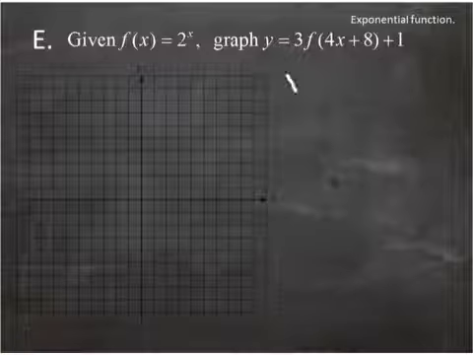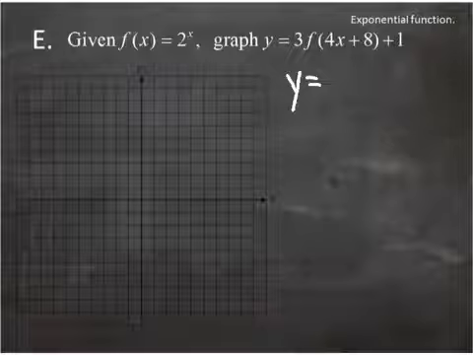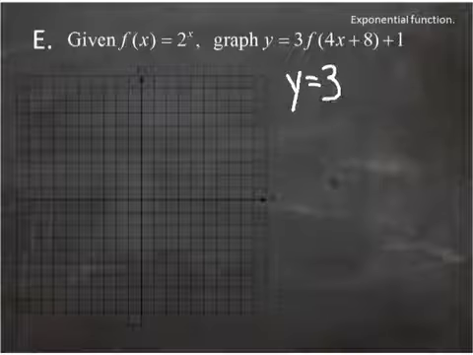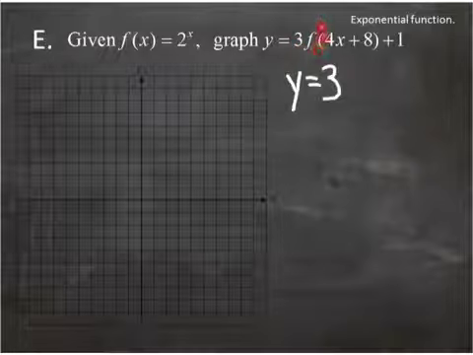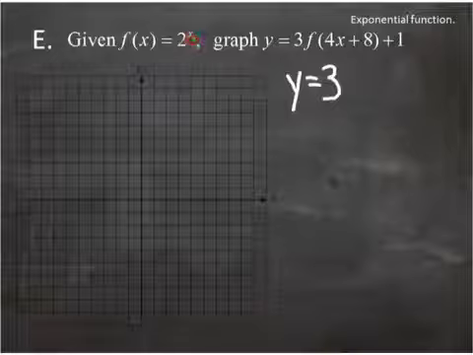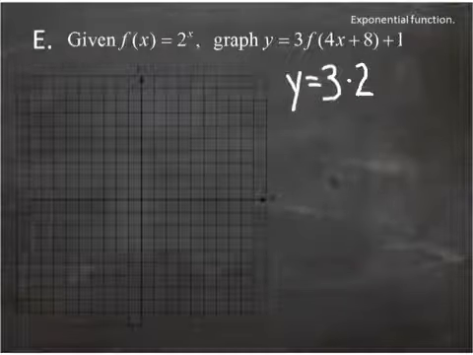So I'll start with y equals, and my a value is a 3. And since this is my parent function here, this is what the f is relating back to. The f is telling you to go and look at the function, and here it is. So I put times 2, that's my base and my parent function.